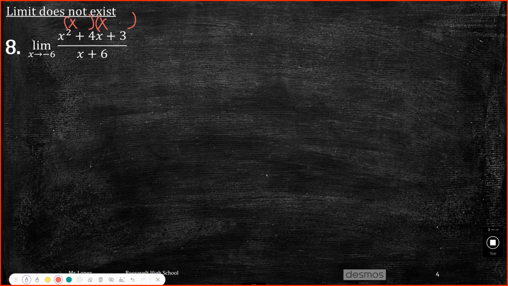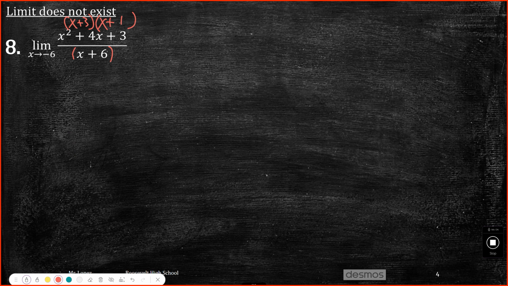Come on, what are the numbers? Isn't it 3 and 1? Yes? So can we cancel anything out from the top and the bottom?